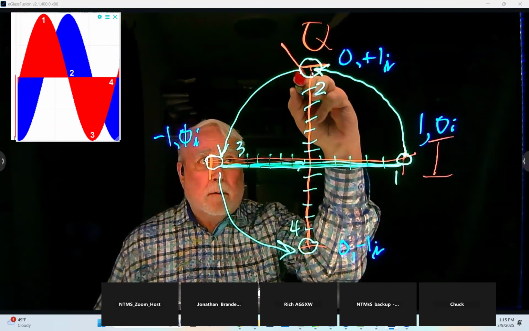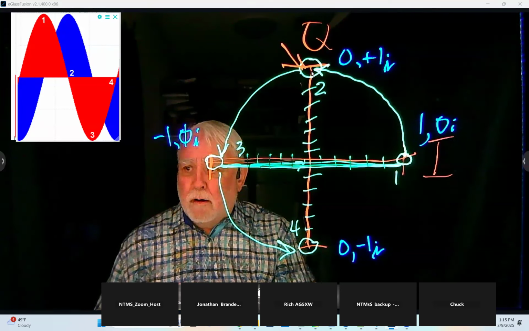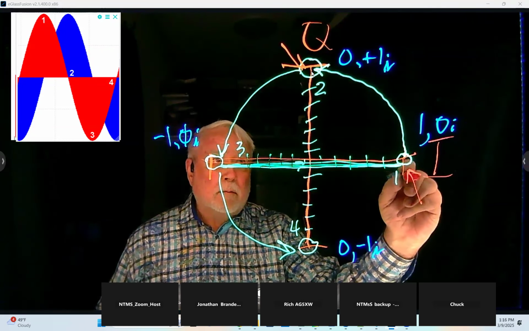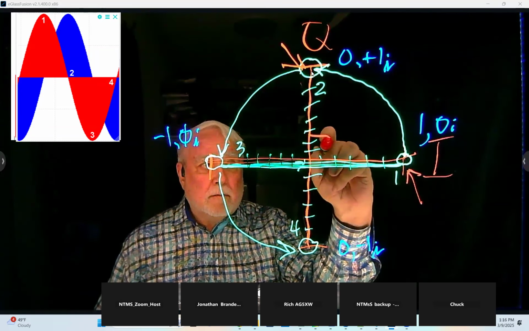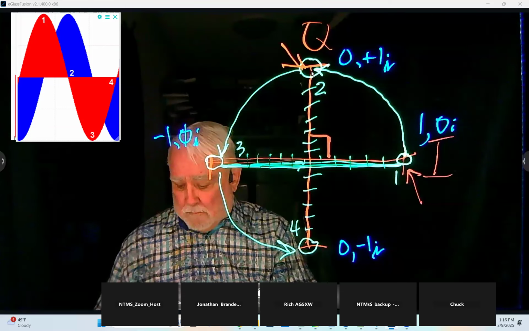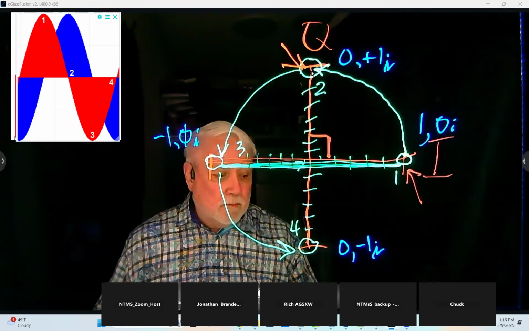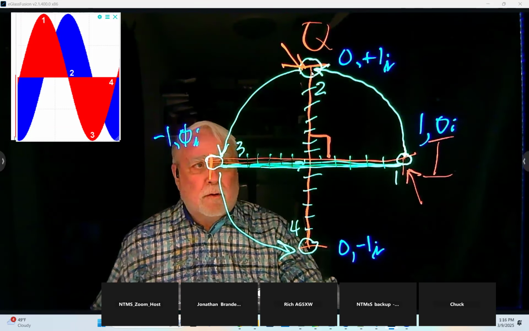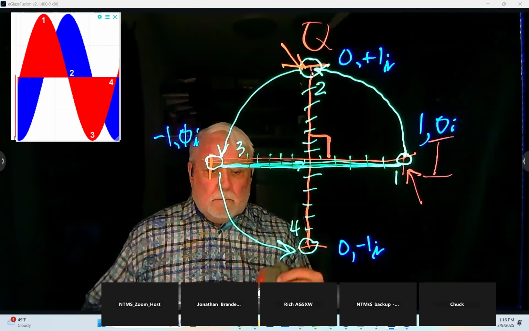And where is the real? The real's lagging, starting down here. And what are those? 90 degrees. So it all lines up, and it's making sense to what it's supposed to make sense to in terms of the theory and radio.